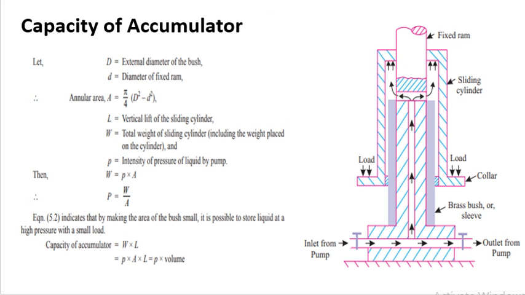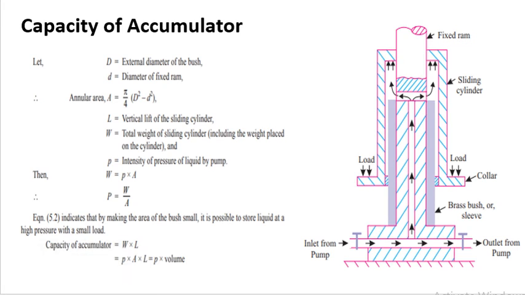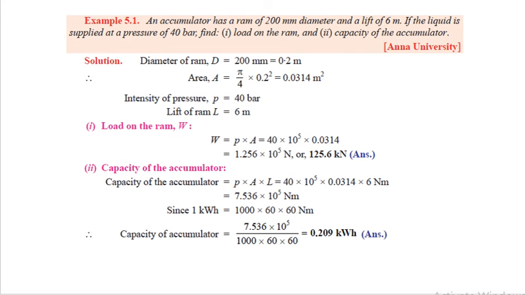Total weight we can calculate with the help of intensity of pressure and annular area. So weight will be P into A. With the help of this formula we can calculate the capacity of the accumulator, and capacity of the accumulator will be weight of the sliding cylinder into total lift. That will be P into A into L, or you can say intensity of pressure into volume will be the capacity of the differential accumulator.